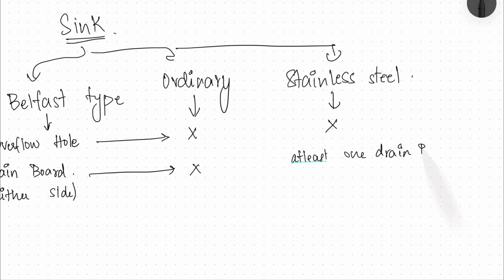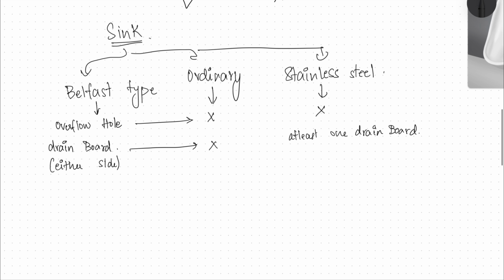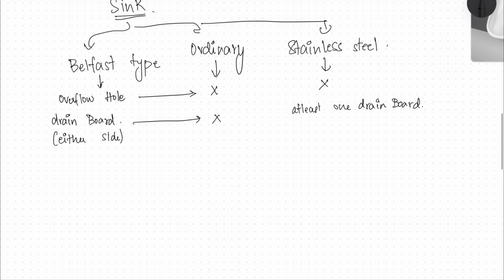Sometimes it's still not present, but sometimes it is there. Then we have different types of taps. So taps are also called faucets or spigot or cocks.